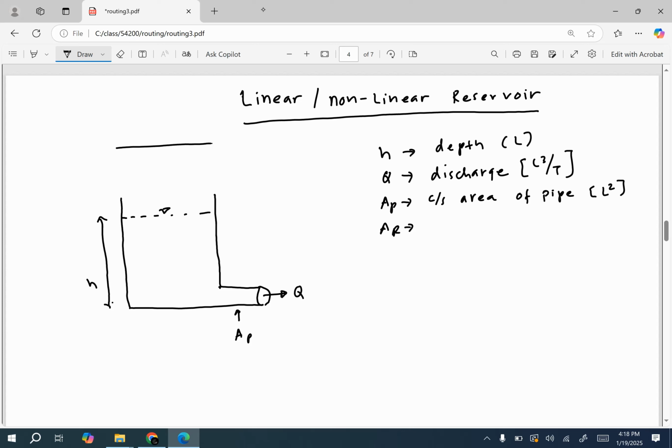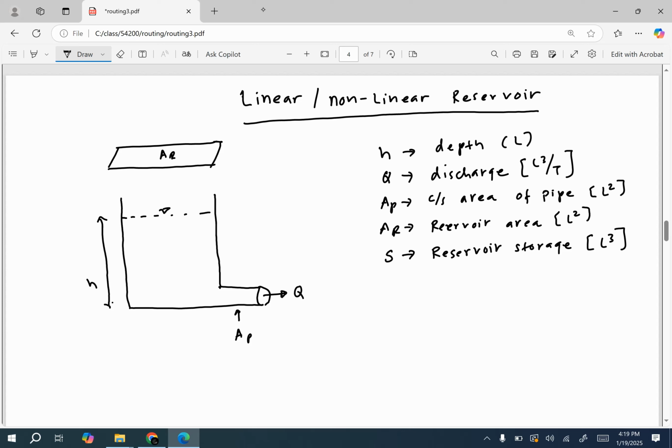If I think of this as a rectangular reservoir, this is our area from the top view, so the reservoir area is L squared. S is the reservoir storage, which is L cubed, and S is equal to H times AR, or H is equal to S over AR.